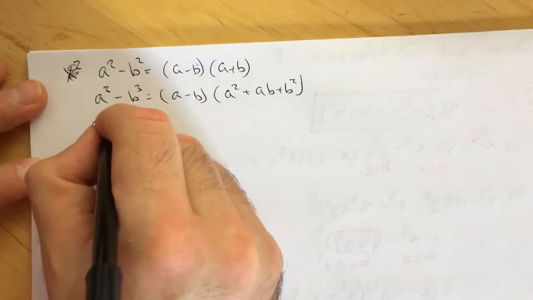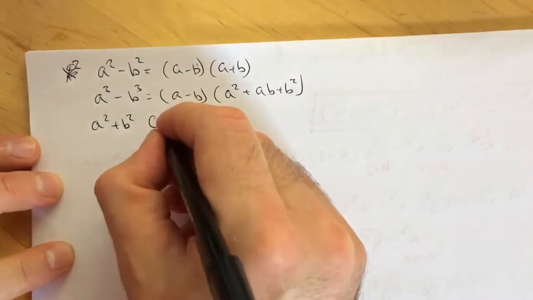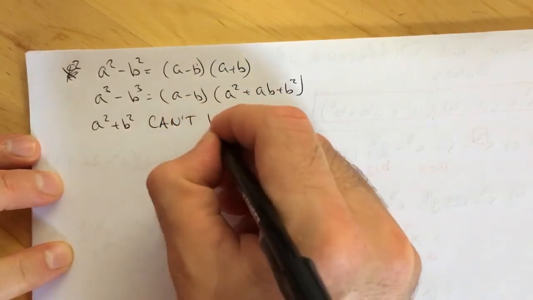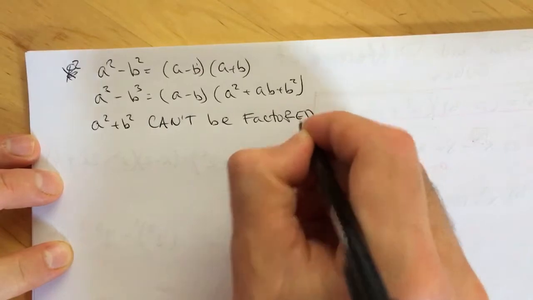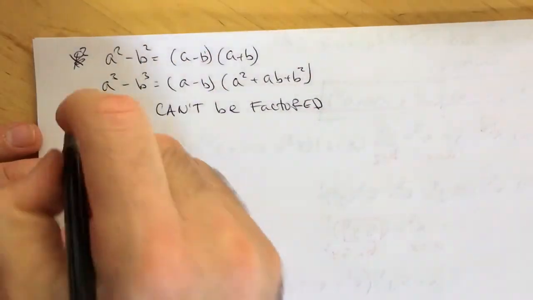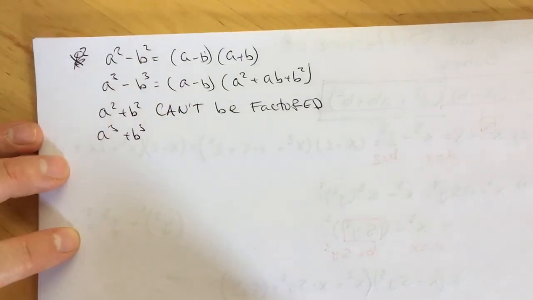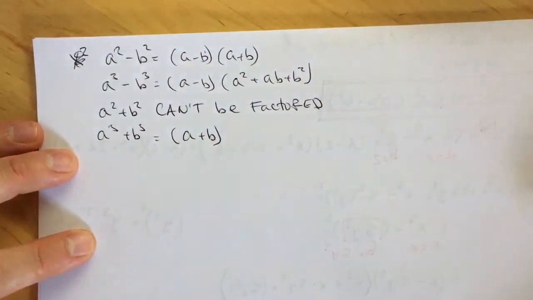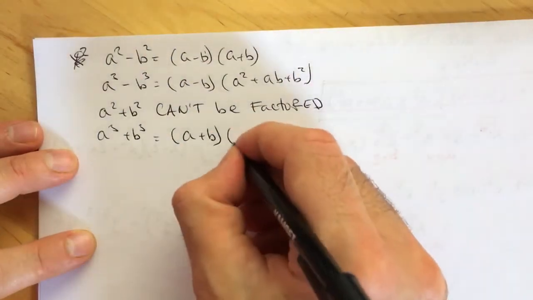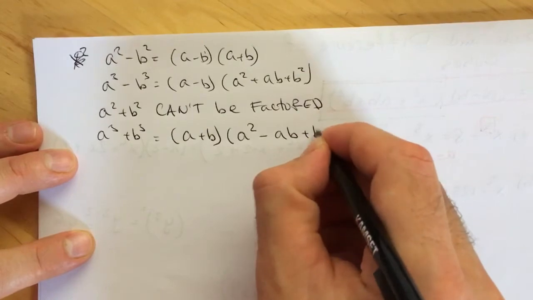We said that a squared plus b squared cannot be factored, but be careful now, a cubed plus b cubed can be factored, and that is equal to a plus b times a squared minus ab plus b squared.